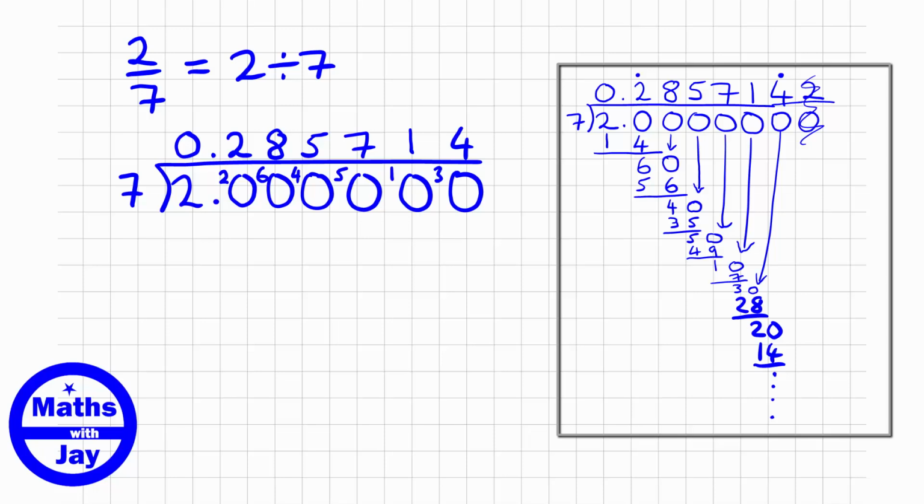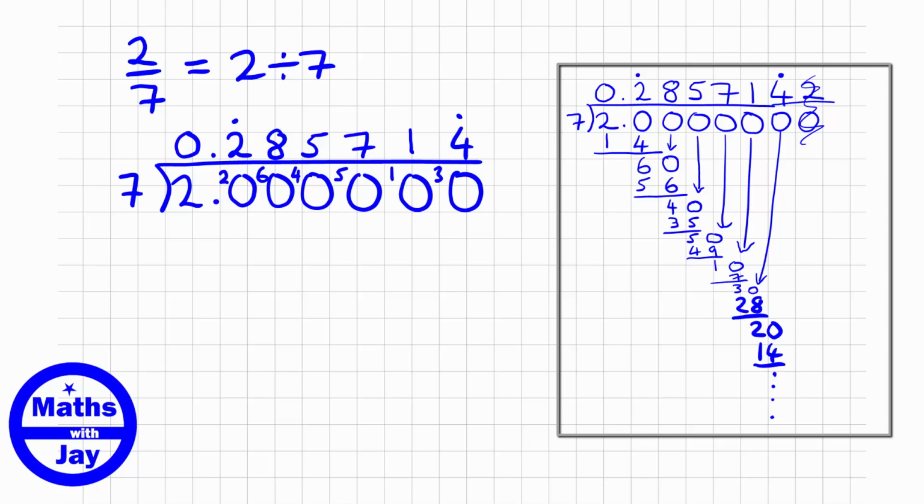So now I'm back to the beginning. I can see that I would get the same numbers cropping up again and again. So that is my answer, taking up a lot less space. But if you prefer to write it down the other way, that's all fine. You can see the same numbers are occurring over and over again.